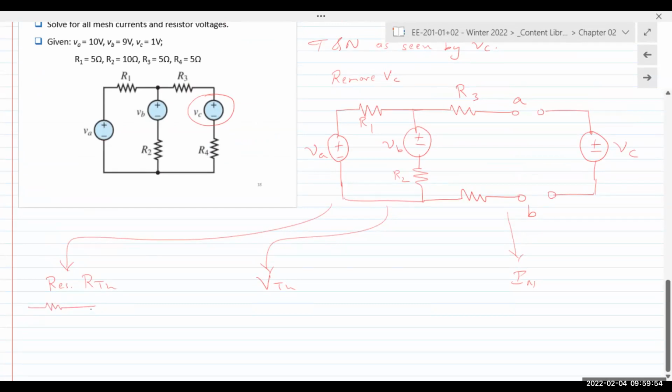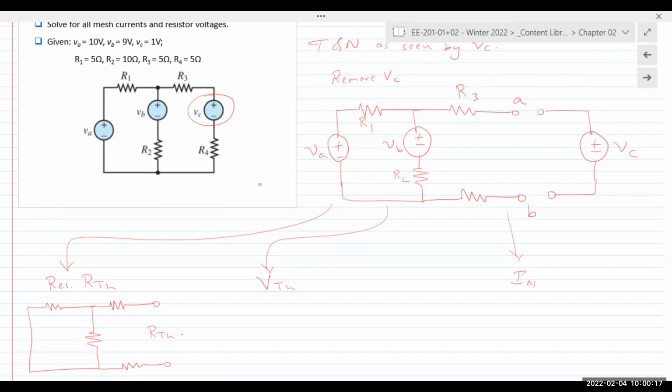For RTH, I have to reduce all sources to 0, meaning VA and VB are replaced with a short. RTH. Right? We take it step by step. Do not rush into things.